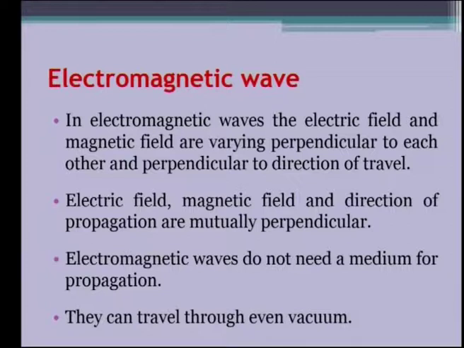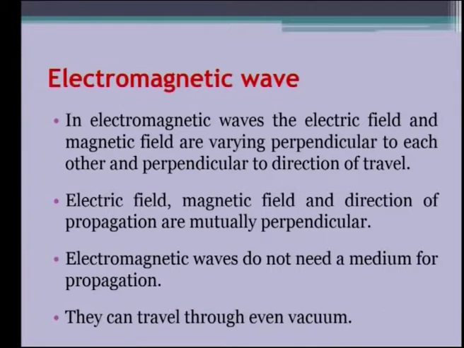Then we have a concept called electromagnetic wave. In electromagnetic waves, the electric field and magnetic field vary perpendicular to each other and perpendicular to the direction of travel. Electric field, magnetic field and direction of propagation are mutually perpendicular to each other. Electromagnetic waves do not need a medium for propagation, they can travel even through vacuum.